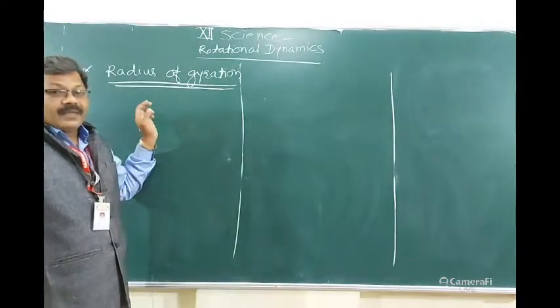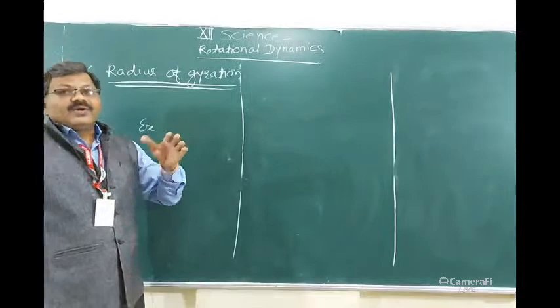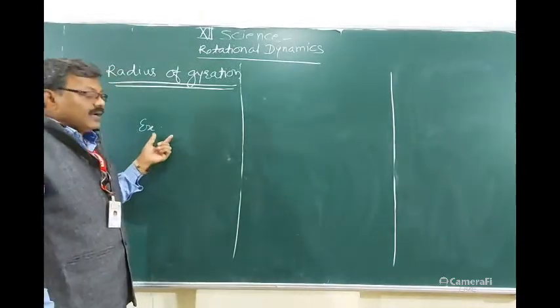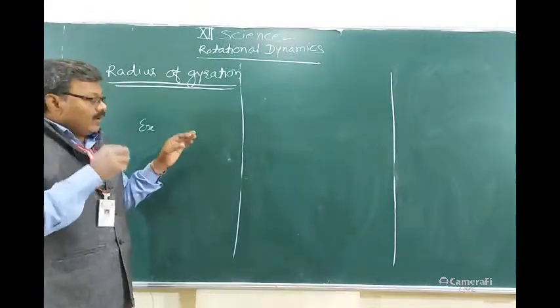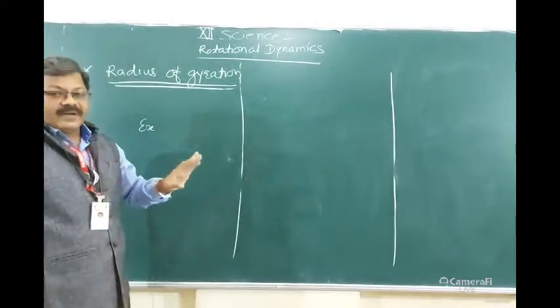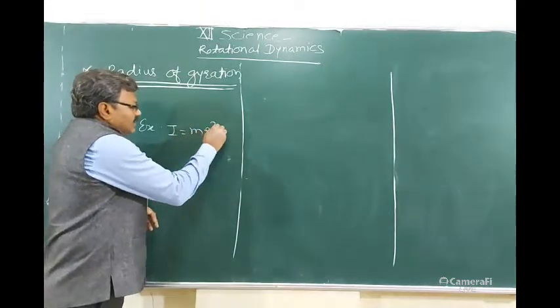These are the integrable geometrical shapes. But experimentally, we can determine the moment of inertia of any bodies. And this moment of inertia, we know, is m r square.